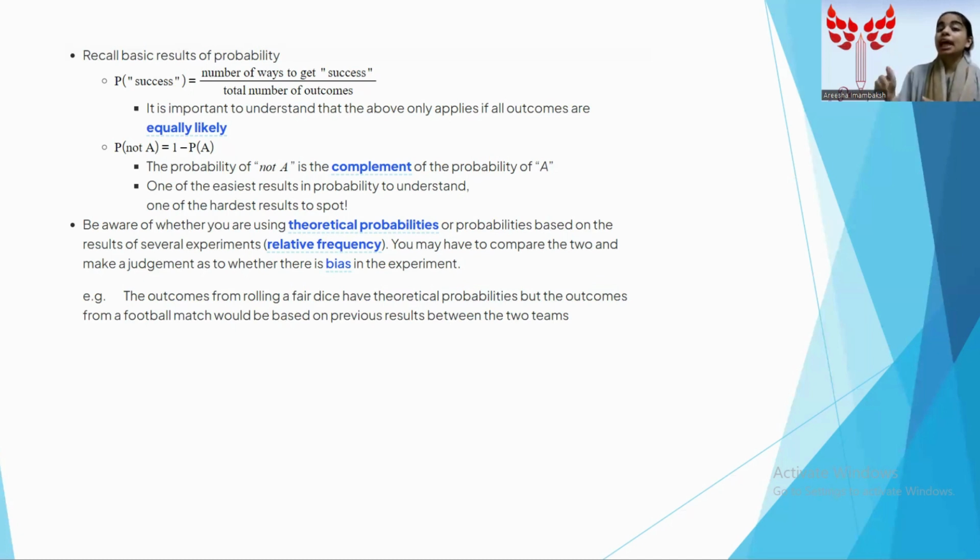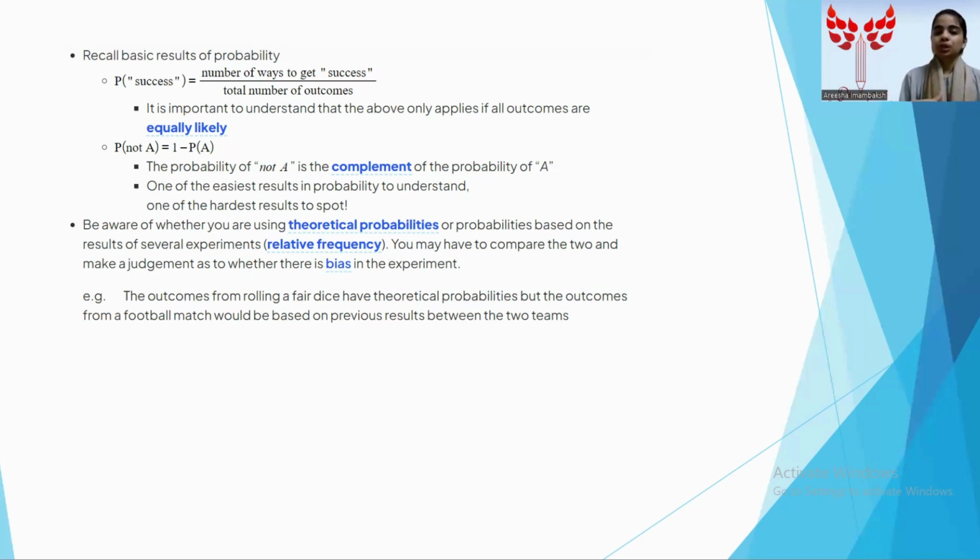They are equally likely: for a fair dice or a fair coin, there is an equal chance of getting heads or tails, or equal possibility of getting numbers from 1 to 6. But it is not the case in all things, right?